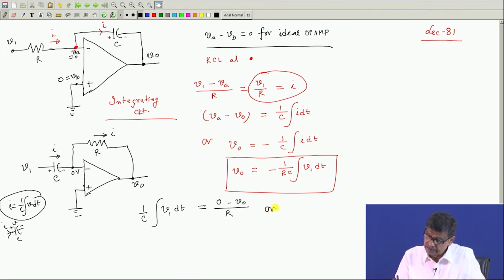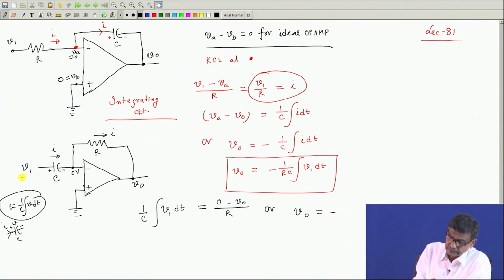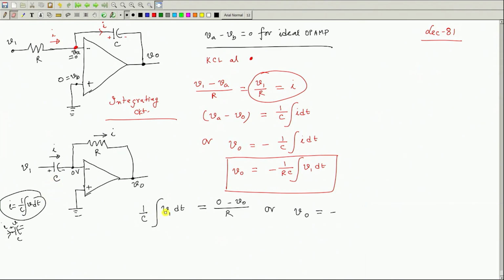Or I will say you get this output voltage as V naught is equal to minus... some mistake is there. This should be 1 by C integral of I dt, I am so sorry, this equation Q by C, no? See, you should be careful.